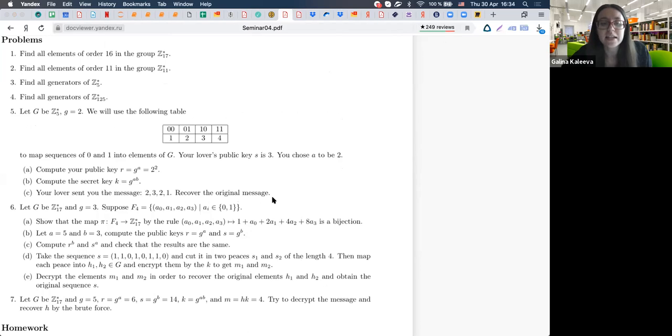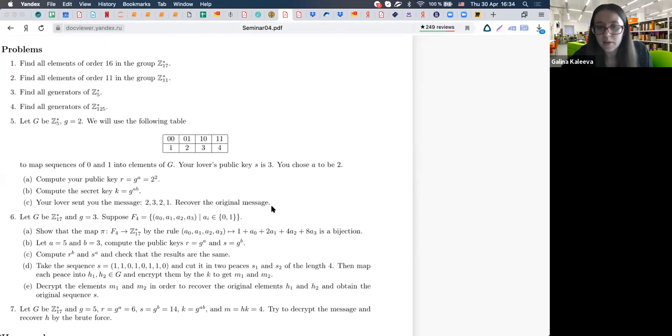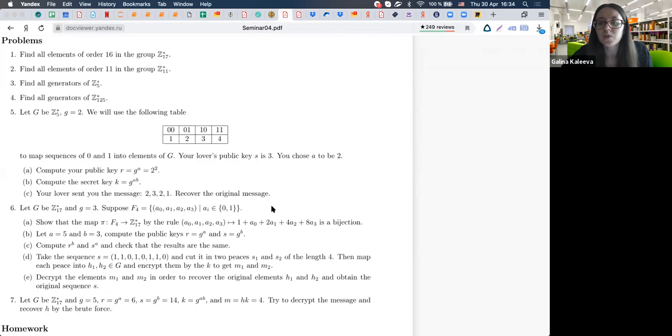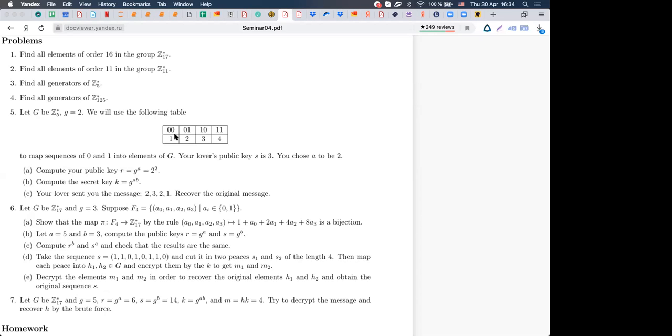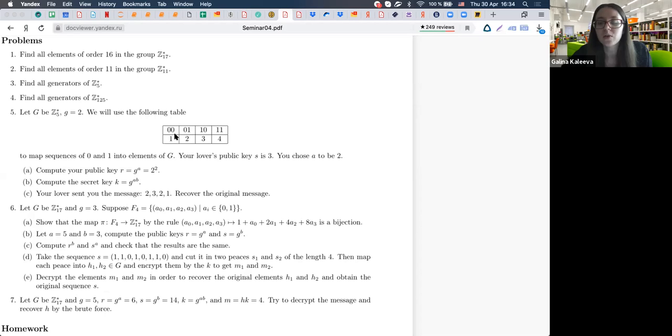Correct. Yes, actually. So this is about one of your previous questions, about why we have a table in problem number 5: the correspondence of binaries and the elements of our group.